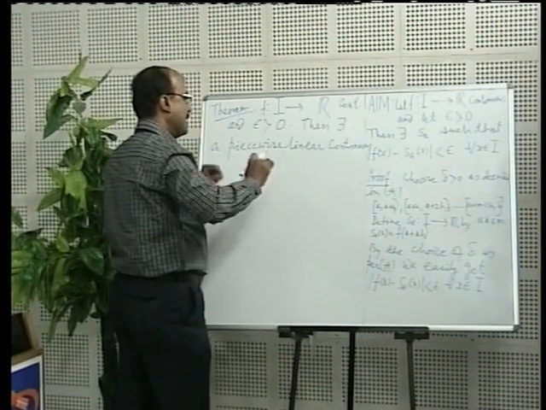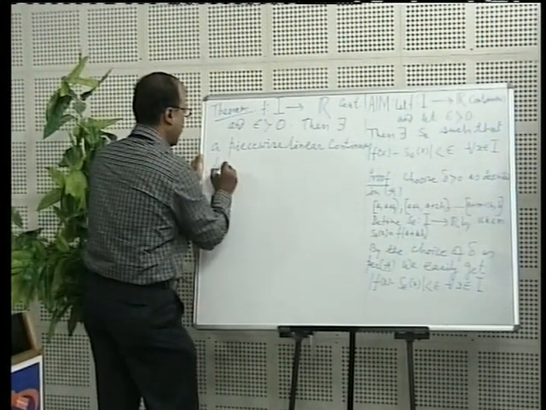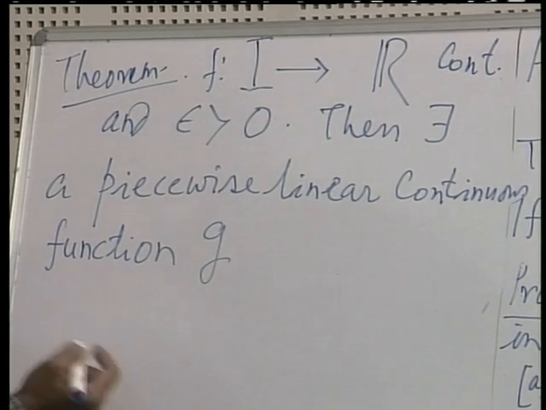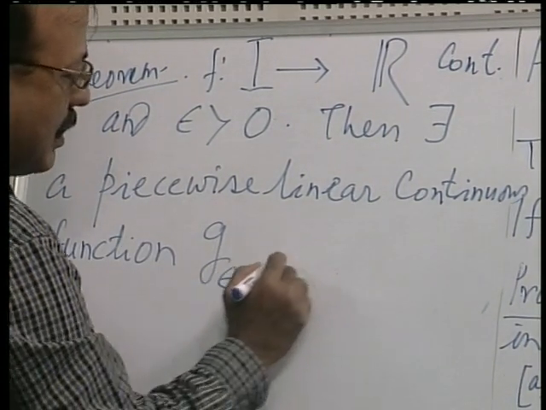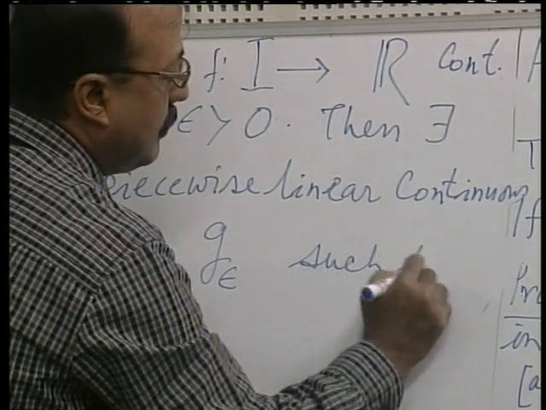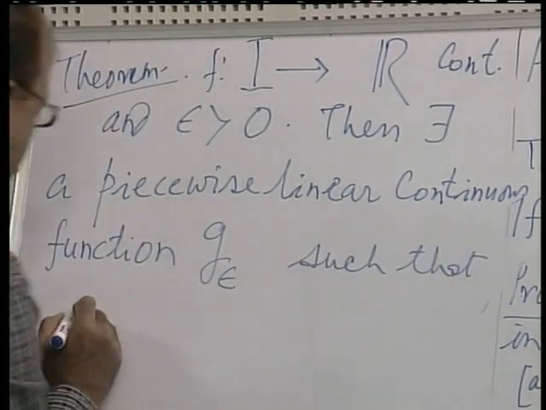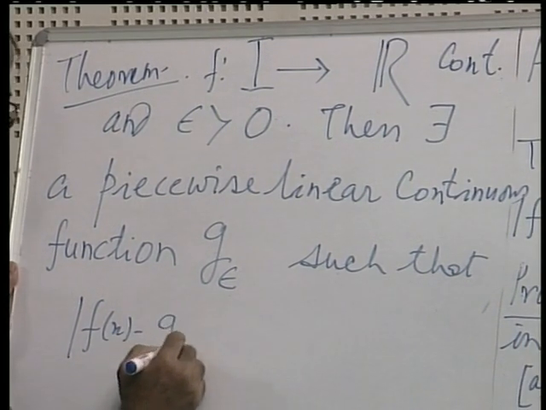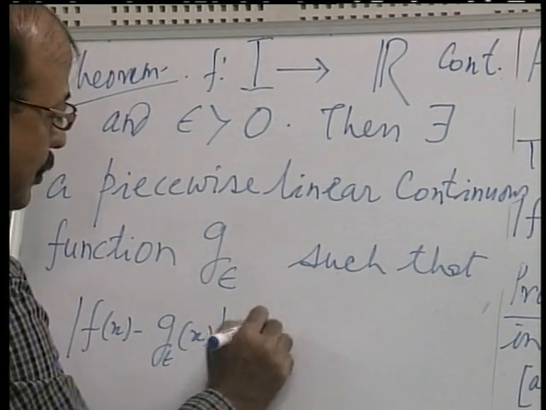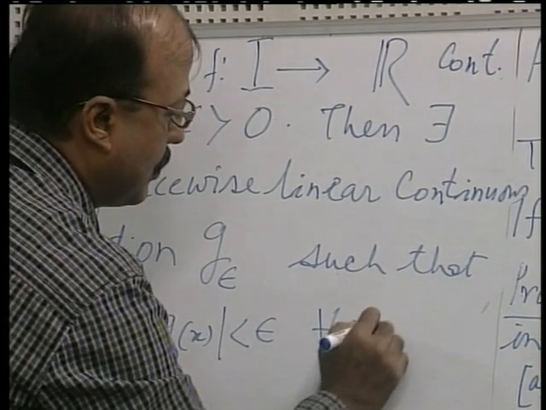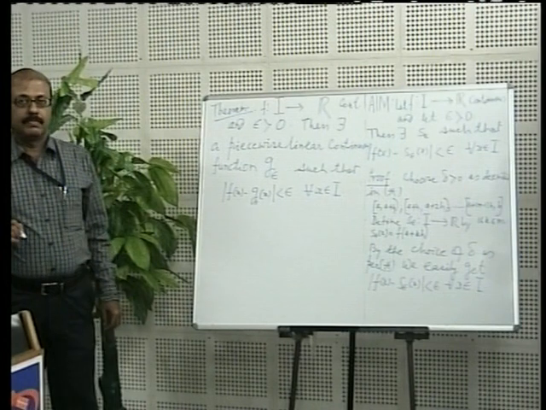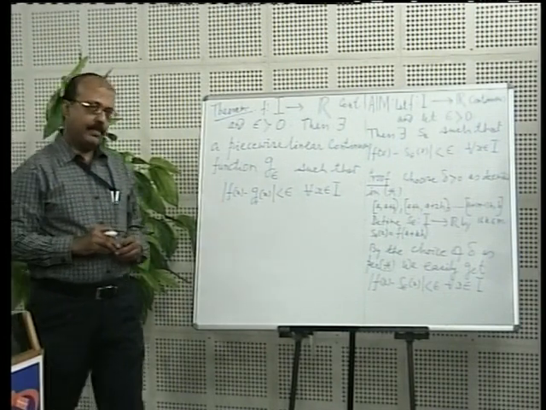So a piecewise linear continuous function, say g, which of course will depend on epsilon, such that f(x) is as close as you wish. This is less than epsilon for all possible x belonging to I. This is the next step.